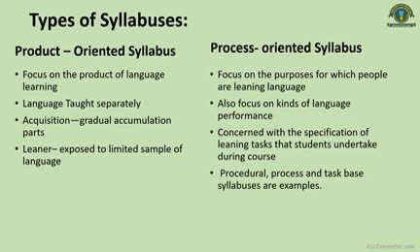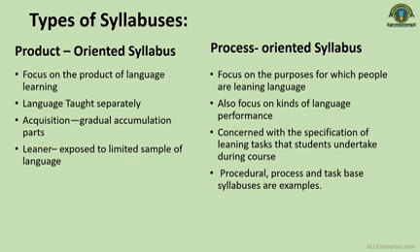The second one is the process-oriented syllabus. When we talk about the process-oriented syllabus, it operates in terms of the purposes for which people are learning language and the kinds of language performance that are necessary to meet those purposes.